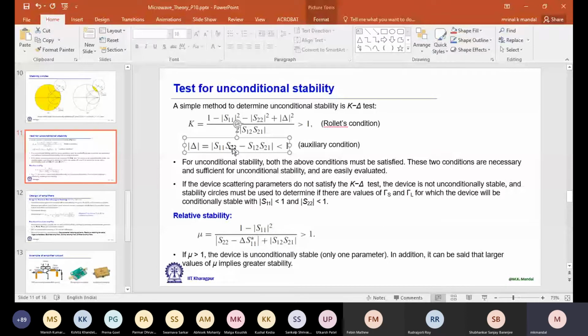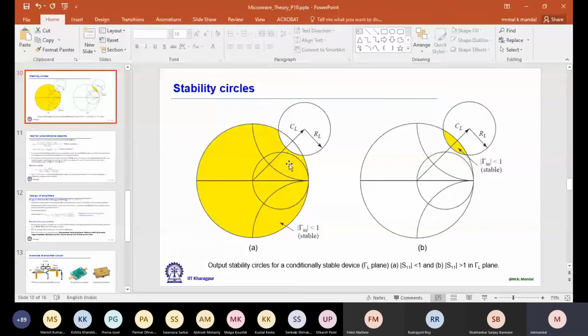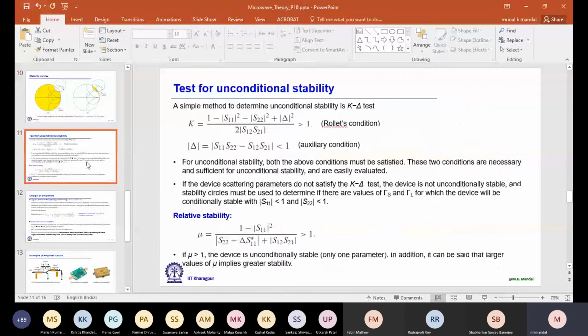Then you have to consider the conditional stability condition. Unfortunately, we don't have a straightforward relationship like this. Then we have to go back to the Smith chart solution and draw the output stability circle and input stability circle and find out the range of impedances from this.